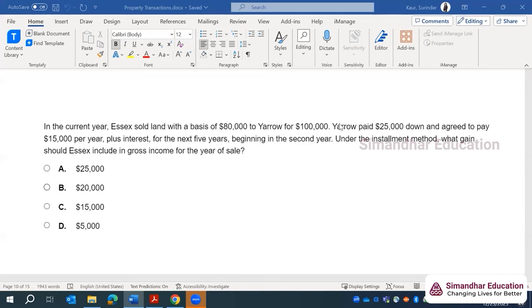So Yarrow paid $25,000 down and agreed to pay the remaining $15,000 per year plus interest in the next 5 years. So how much is he getting in the first year? So what is my income that I will pick up in the first year?